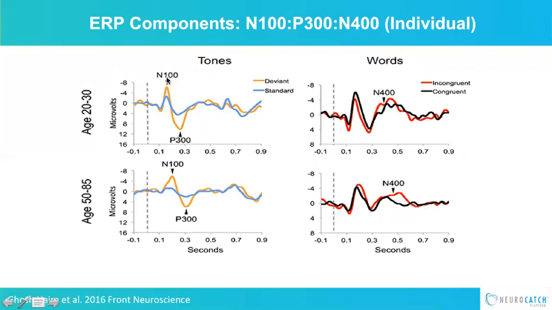You see that whether you're a young adult or an older adult, with a little bit of a delay in the latencies. You can see the latencies are a little later, but you see the same pattern. And when we go over and look at how we're processing these word pairs, flat baseline, you get your sensory response in both cases, and then you get this N400 response. Notice this two-peak pattern.